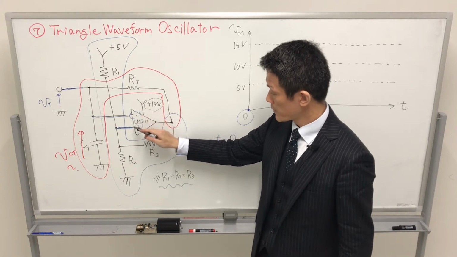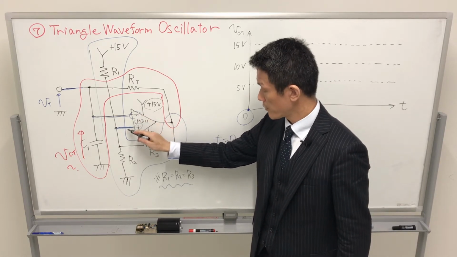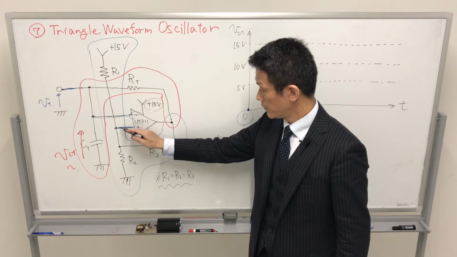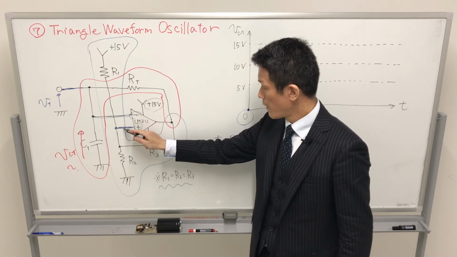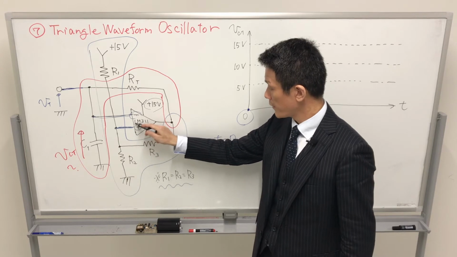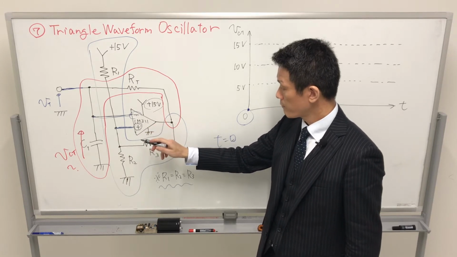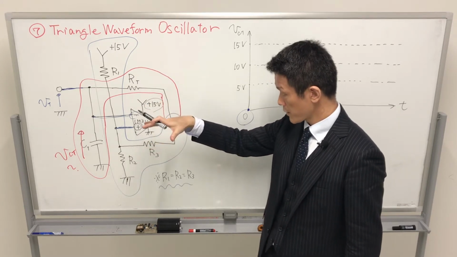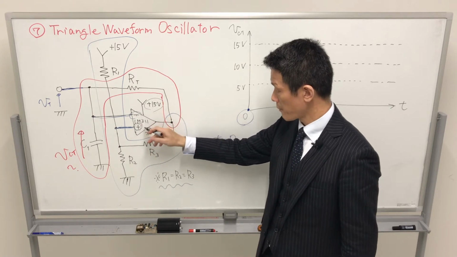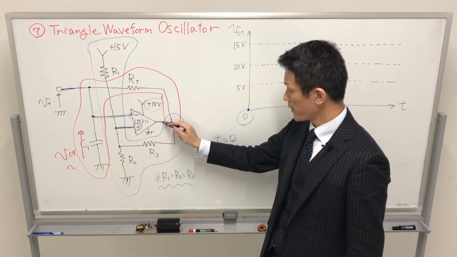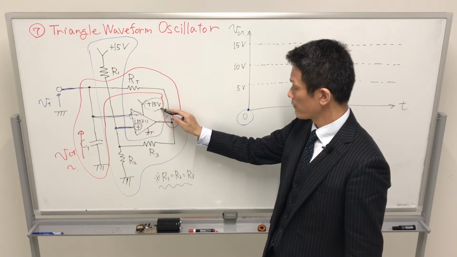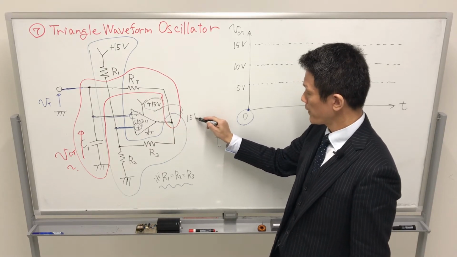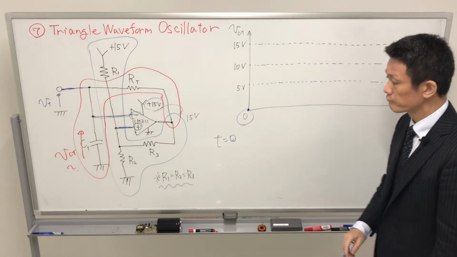Compared with here, this one is higher than 0. So the positive side is increased compared with the minus terminal, and the output voltage of this comparator is 15 volt. Okay.